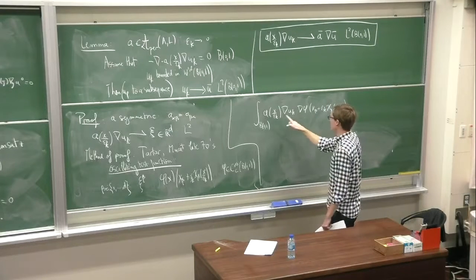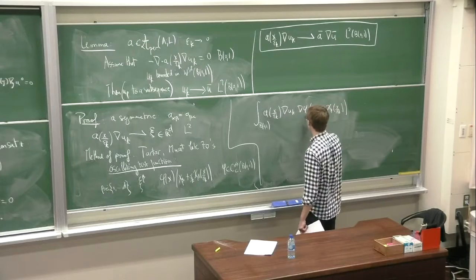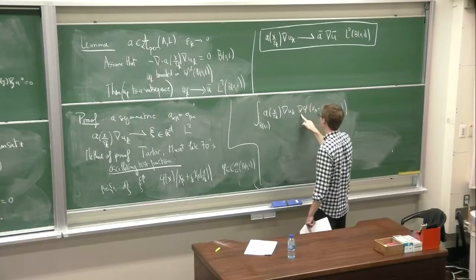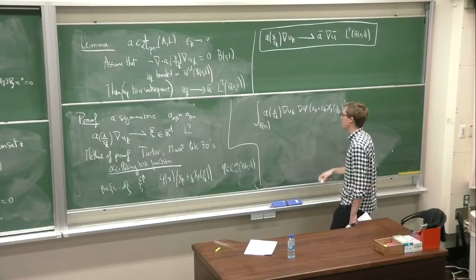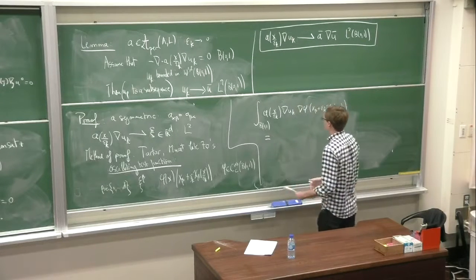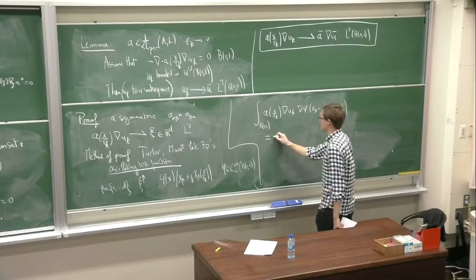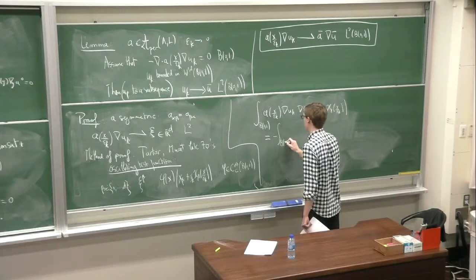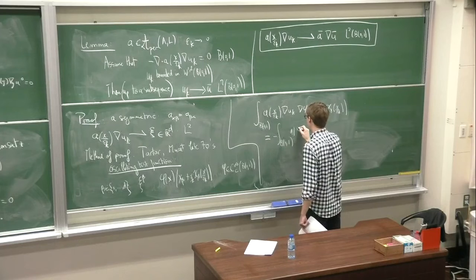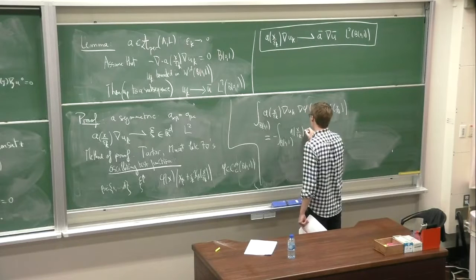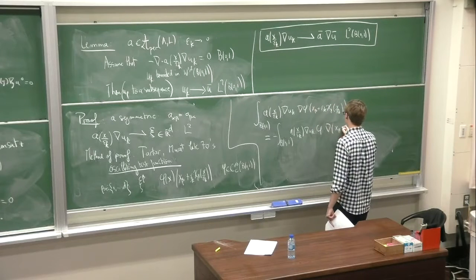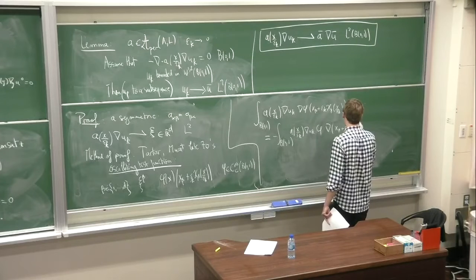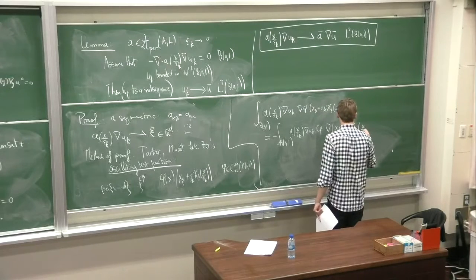So I test against this test function, and when I integrate by parts, this is when the gradient falls on phi, it is equal to minus the integral over B(0,1) of A(x over epsilon k) gradient u k, phi times gradient of x beta plus epsilon k chi beta of x over epsilon k.